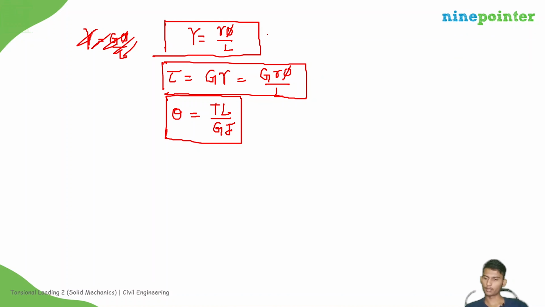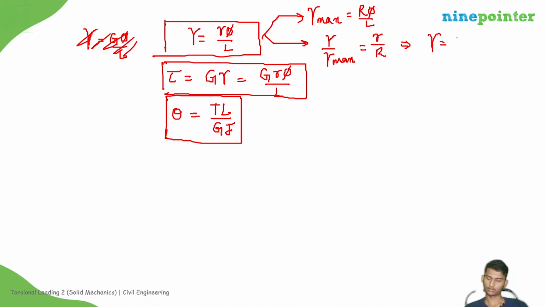From this we will get gamma max. Gamma max will be equal to R phi by L. From this we also get that gamma by gamma max will be equal to small r by capital R. Gamma will be equal to gamma max divided by R into small r.